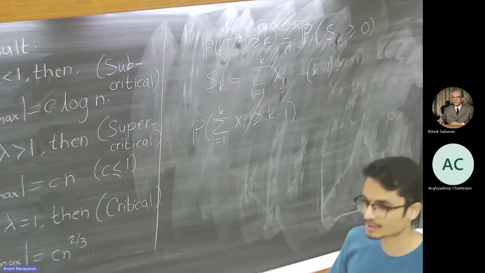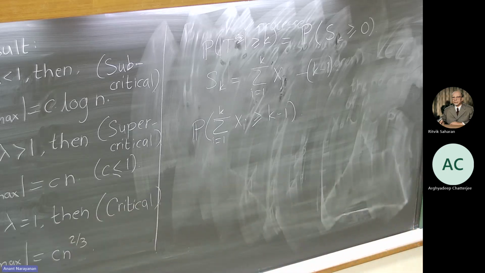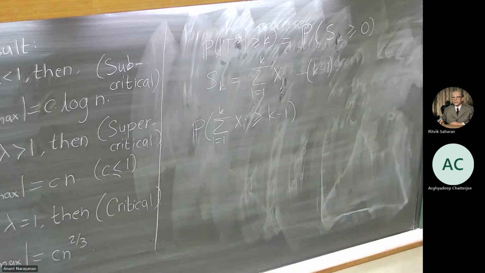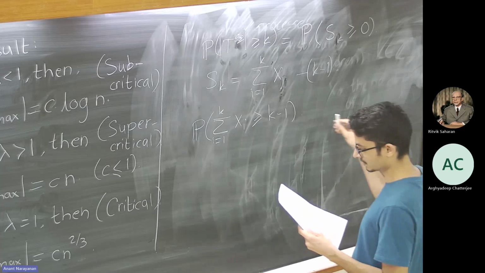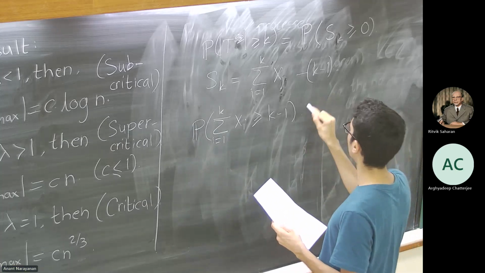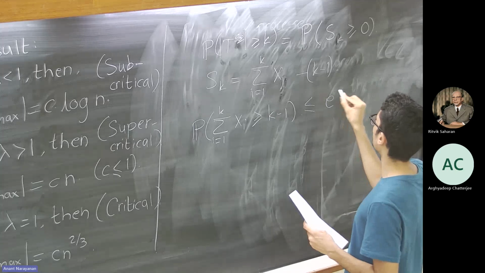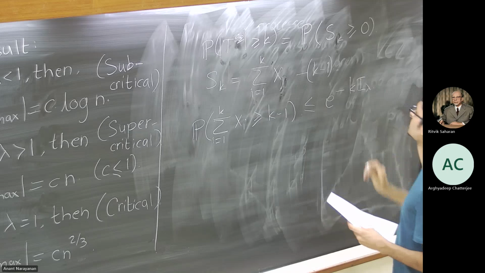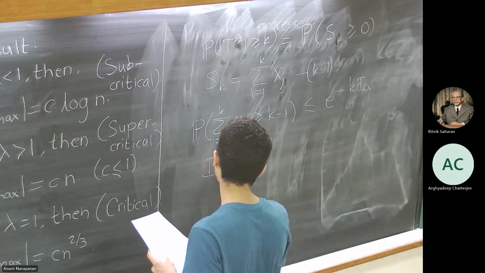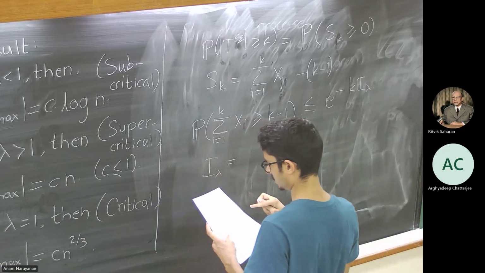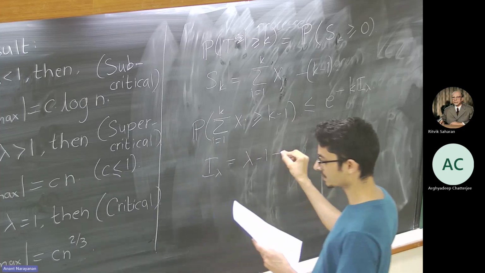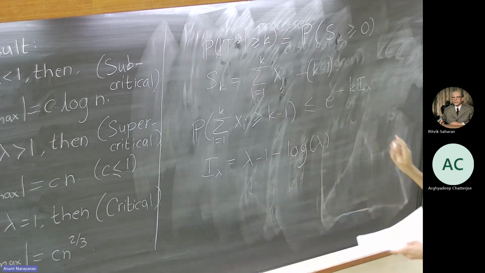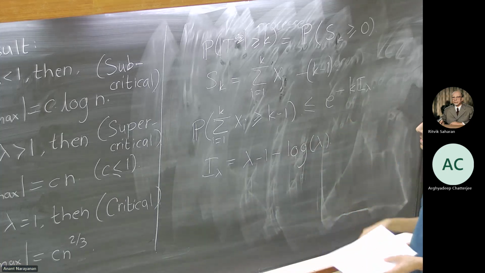Now there is something called large deviations in probability, which tells you the probability for a binomial. It says that this is bounded by a constant depending on n naught.